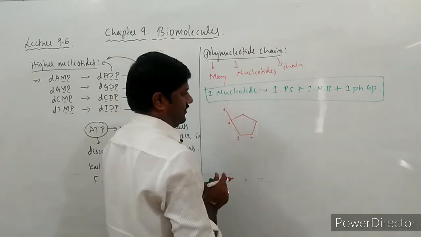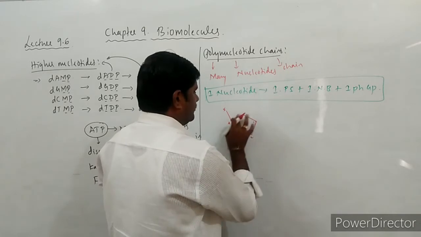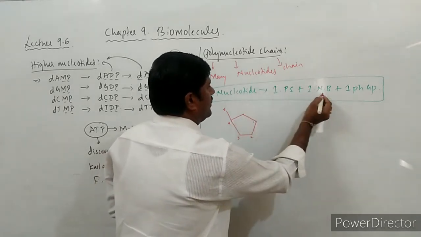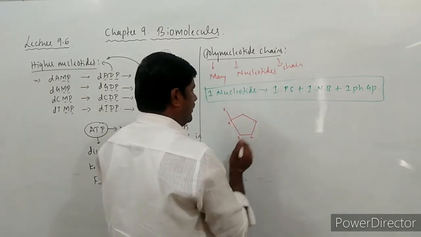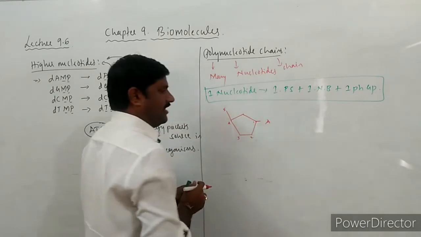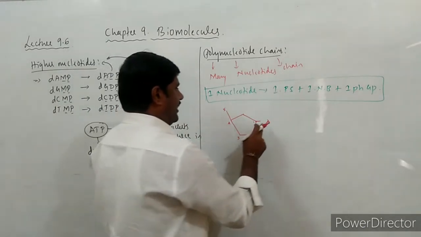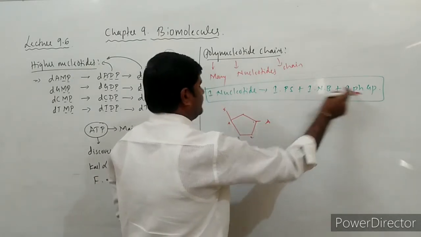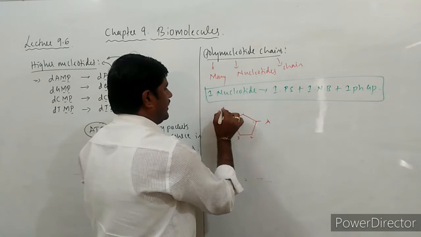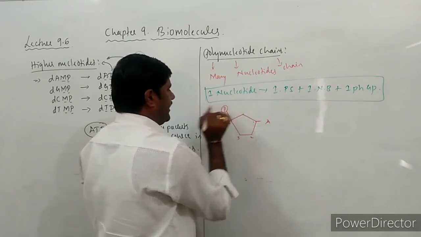This is one pentose sugar plus one nitrogen base. One nitrogen base must be there. Of course, I shall add here A. A stands for adenine. One nitrogen base and one phosphate group on the fifth carbon atom. So there OH is deleted and one phosphate group is added there.